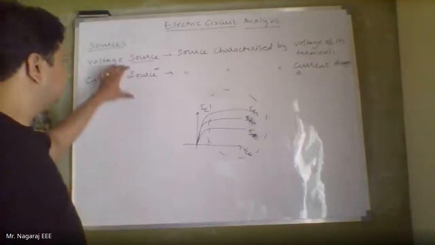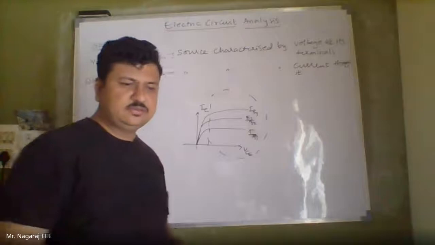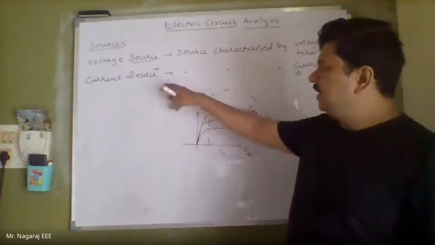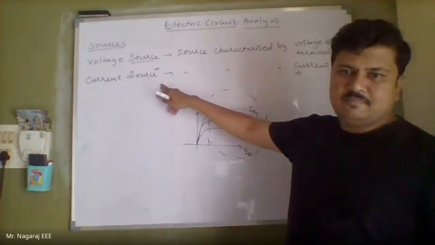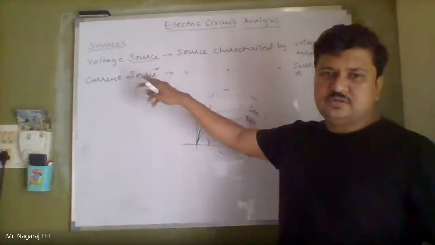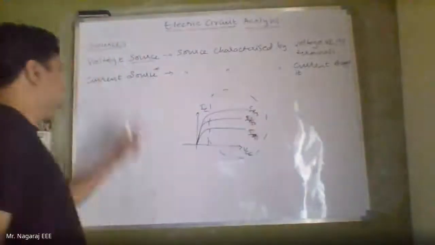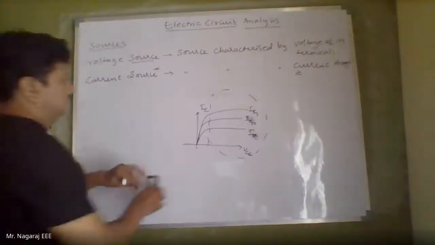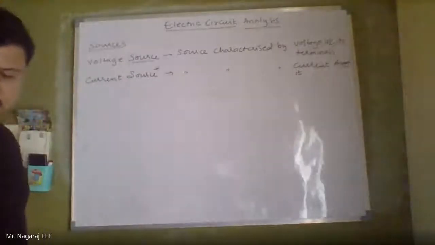So current source is realized on paper, to understand the concepts, but practical building of a current source will be through a voltage source only. So these are the two main sources in an electric circuit: voltage source and current source.